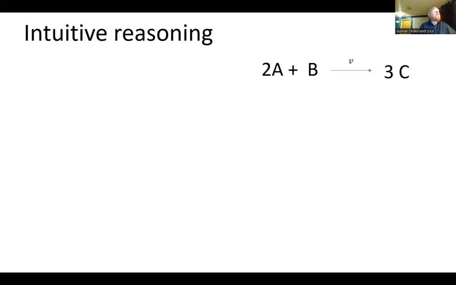Okay, so let's start with the intuitive reasoning. We have a reaction here, 2A plus B becomes 3C, and the reaction rate is given by V. Let's start with the most simple example possible, where the number of reactions is constant, 25 reactions per second.